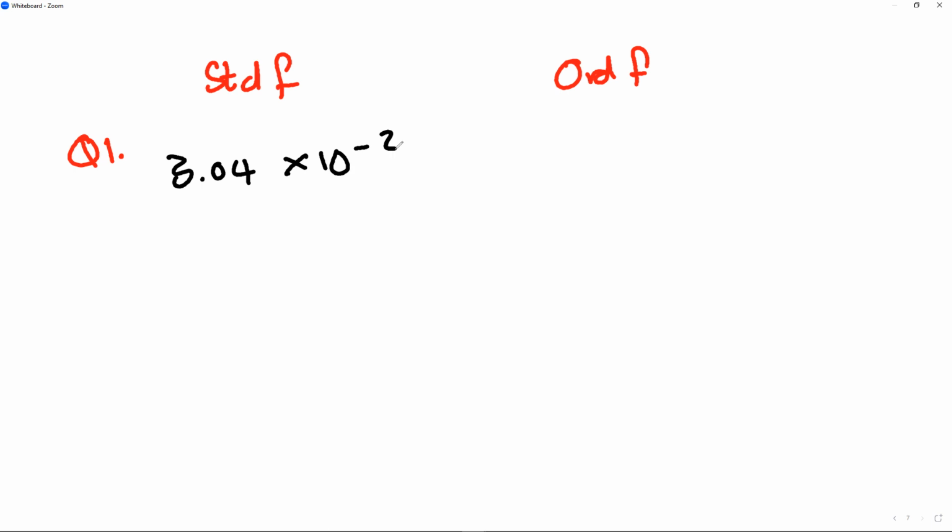All right, let's try these questions now. You want to convert it from standard form into ordinary form. Question 1, 3.04 times 10 to the power of -2. Question number 2, 6.5763 times 10 to the power of 3.